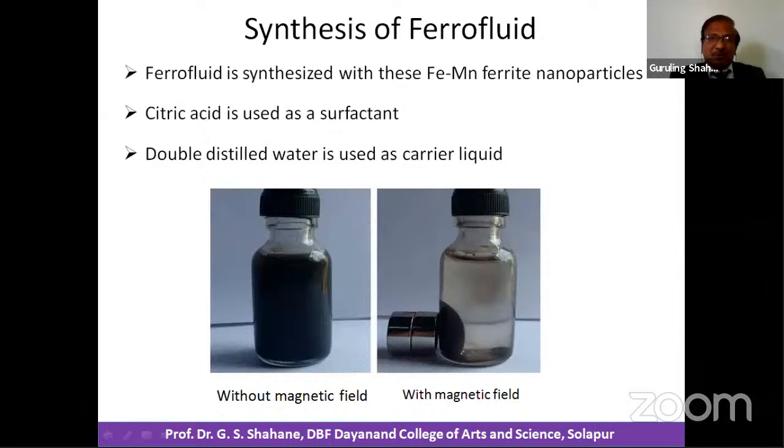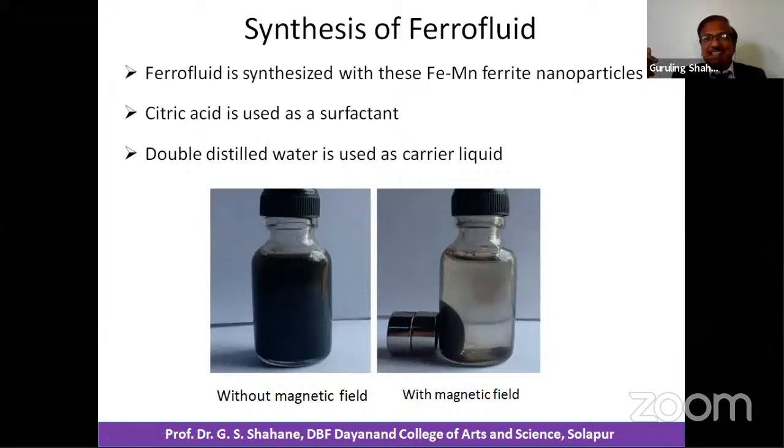Now, if we have to use these nanoparticles for biomedical applications, then we have to prepare a ferrofluid. What is ferrofluid? These magnetic nanoparticles are suspended in a suitable carrier. But in order to get a stable ferrofluid, these particles must be coated with some suitable surfactant, a capping agent.